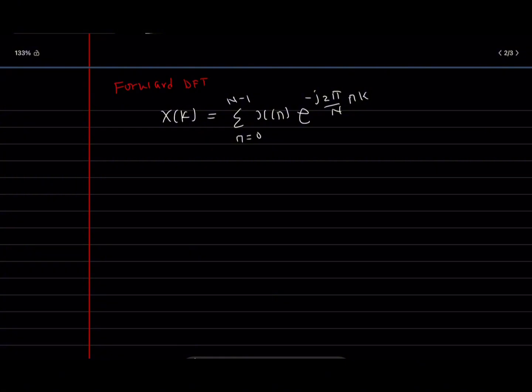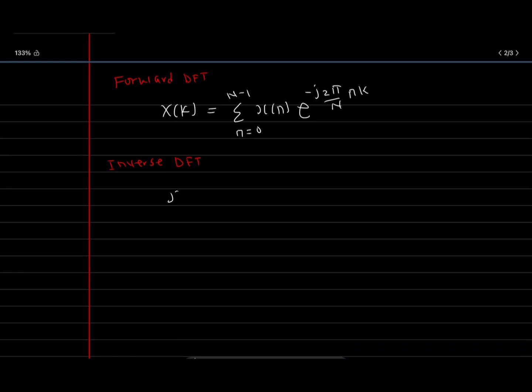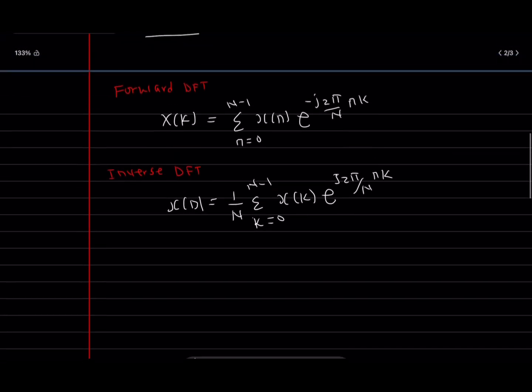And then the reverse or the inverse DFT can also be written as x of n equal to 1 over N, summation of k equal to 0 to N minus 1, and then X of k exponent j 2 pi over N nk. Right, so this is the formula for the inverse DFT.